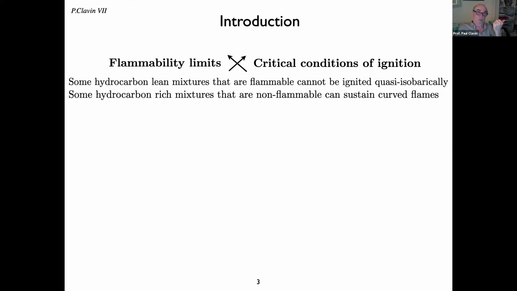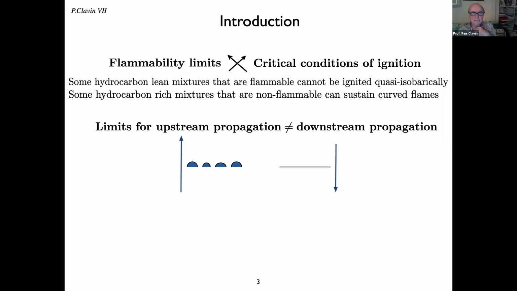And on the opposite, some hydrocarbon-rich mixtures that are non-flammable can sustain curved flames. This is illustrated by the difference that appears between the upward propagation and the downward propagation of a flame in a tube concerning the flammability limits.